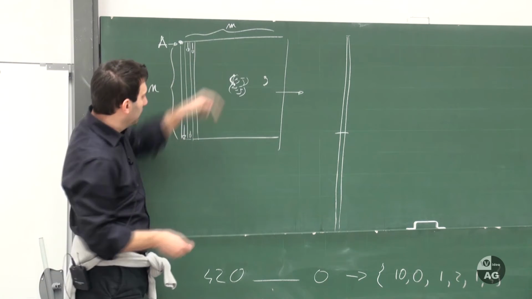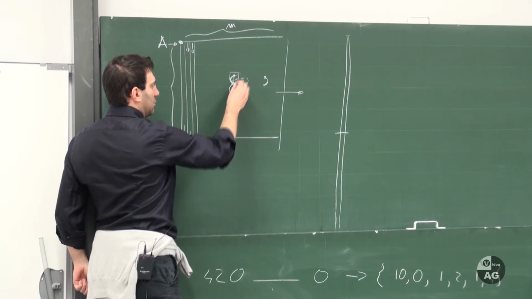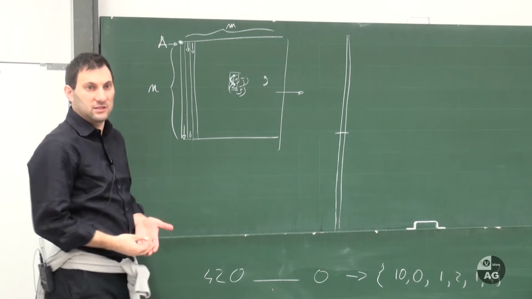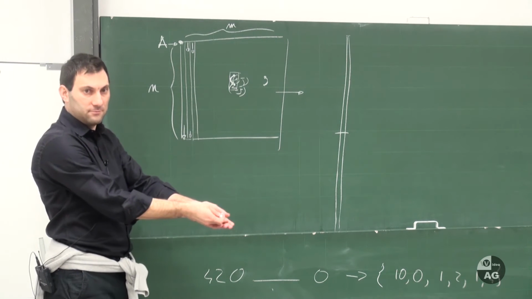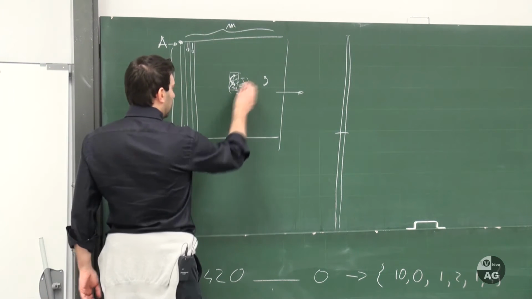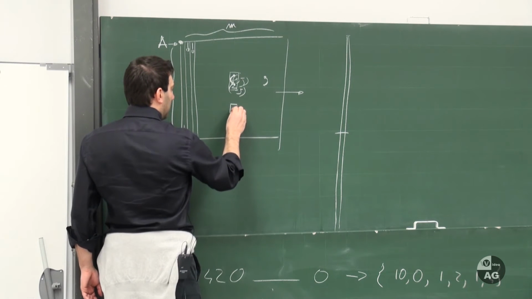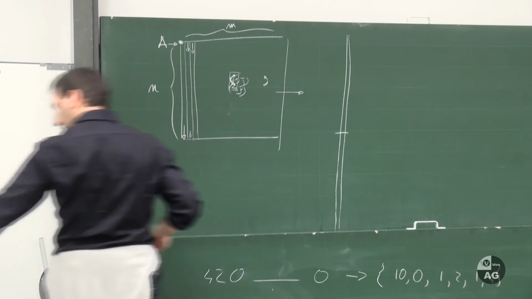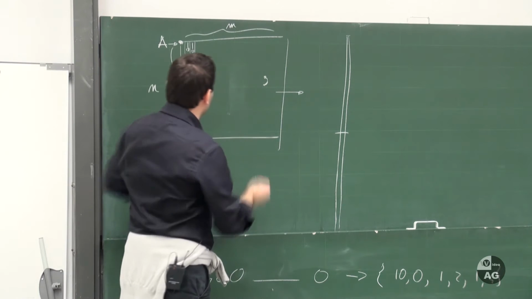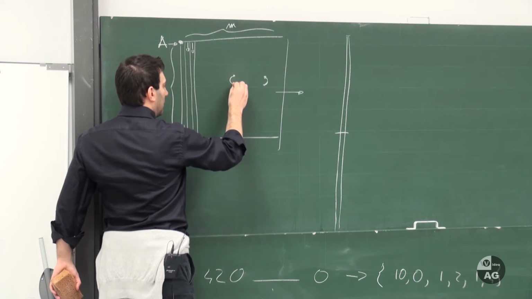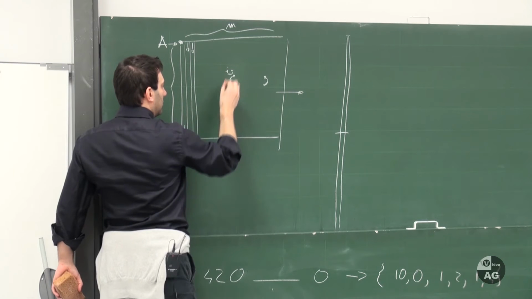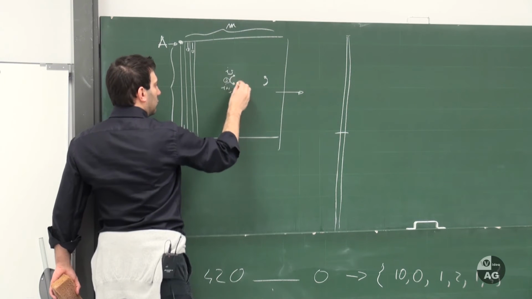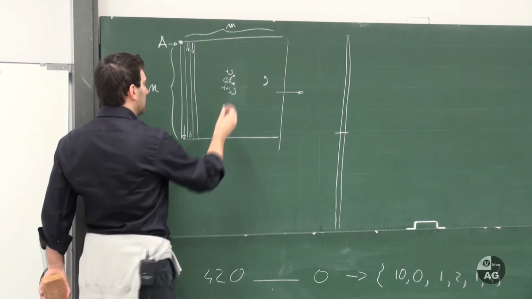So if in one memory location I have ij, where is i+1, j? It's just the next memory location, okay? So the distance between ij and i+1, j is 1. So we go from one memory cell to the next.